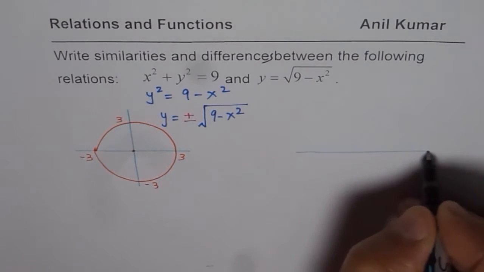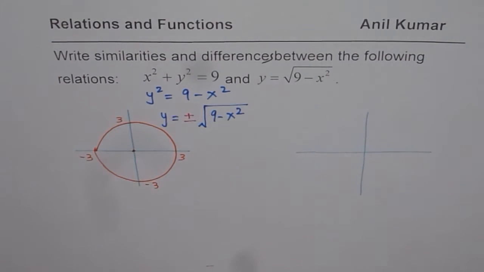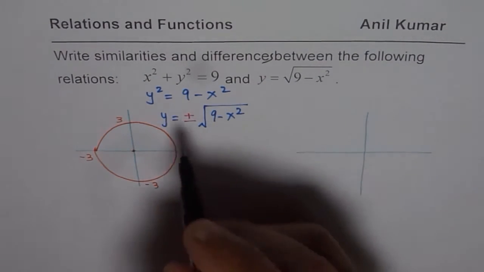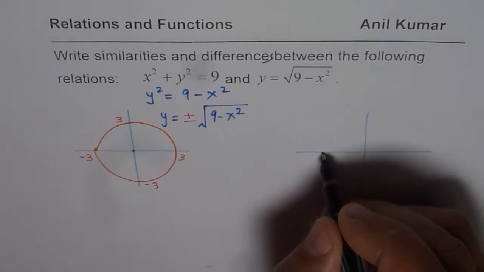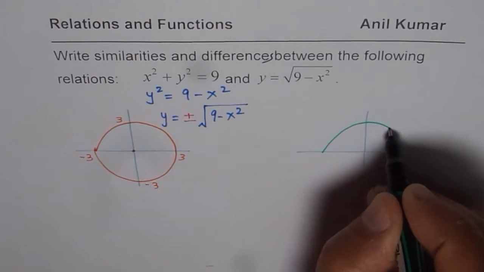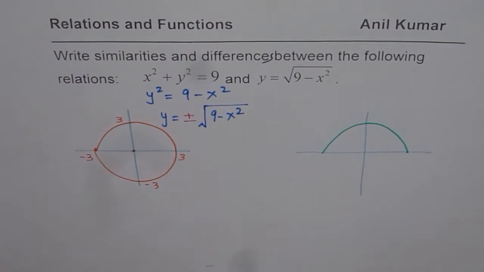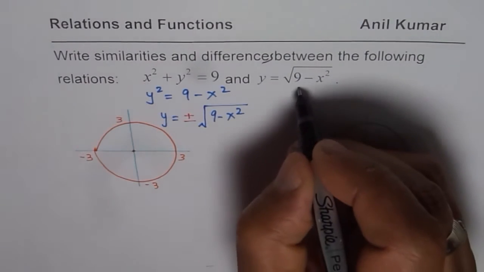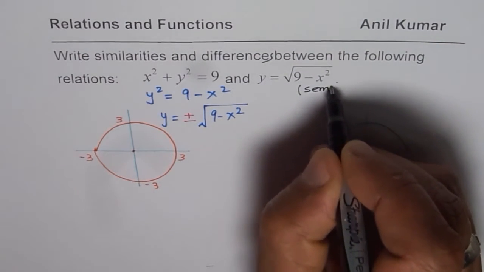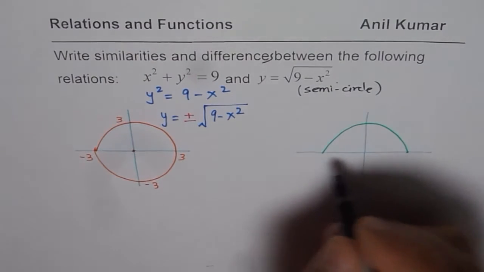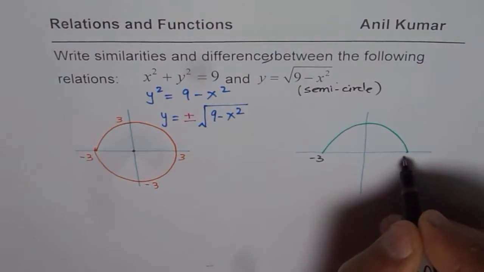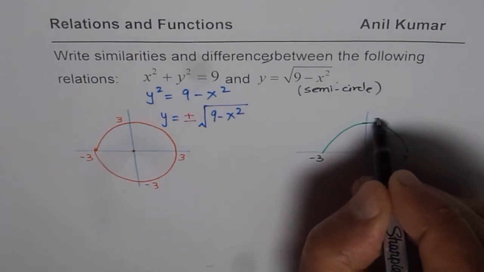Now I hope you understand how they are similar and how they are different. So in this particular case we only have the positive part, right? So I mean to say this is a semicircle you can say, right? So this represents a semicircle, not a full circle, right? With the radius of 3. You get an idea, right?